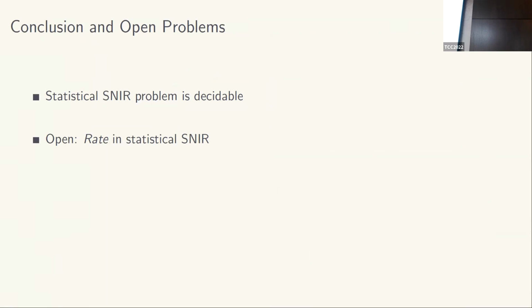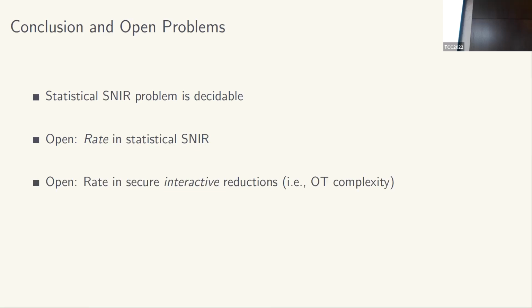It's still open to characterize the exact rate of statistical SNIR. And the other one would be to think about what would happen if we allow interaction, what kind of results can we get? And this would relate directly with the OT complexity of a function computation and so on. Thank you. Thank you very much.